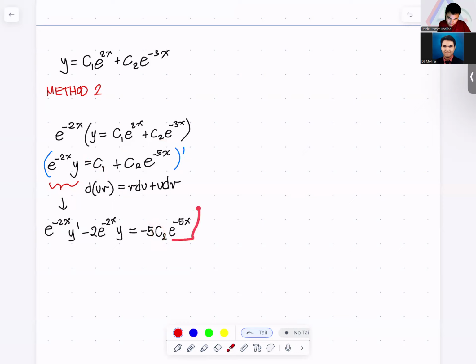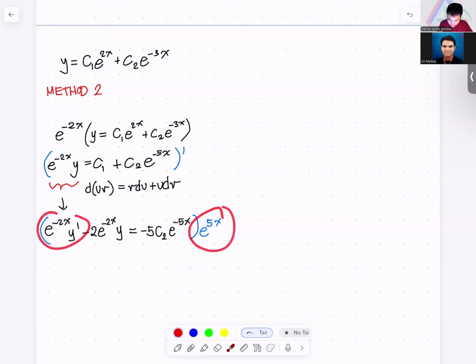Of course, by doing the same process as the first step, we multiply both sides by e raised to 5x. Why do we multiply by e raised to 5x? So that 5x minus 5x is 0, so that the multiplier to c sub 2 is eliminated. Okay? And of course, use distribution, right?